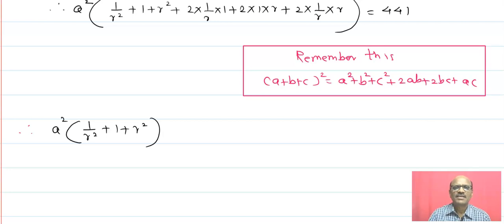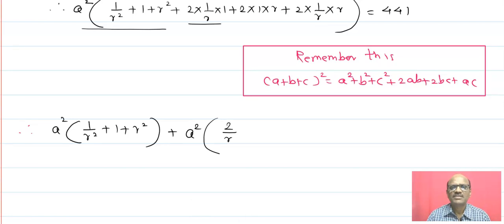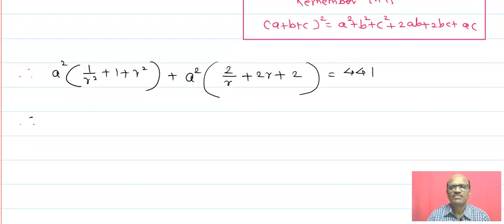Therefore a square in bracket 1 upon r square plus 1 plus r square, in the next bracket, a square in bracket 2 upon r plus 2r plus 2, is equal to 441.